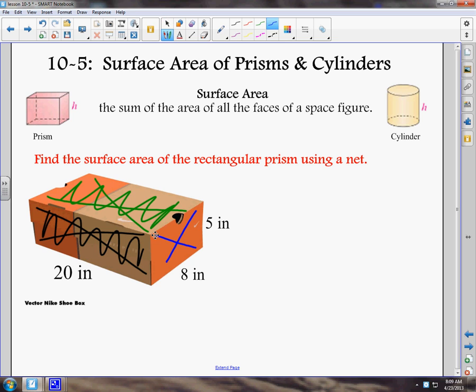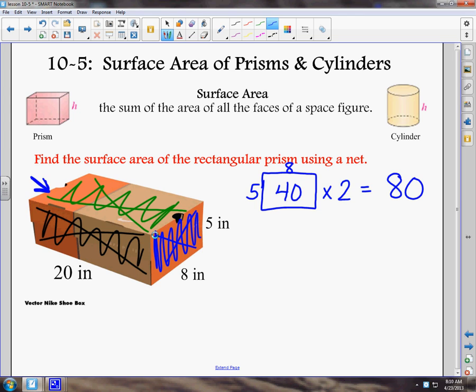If I started with the blue side, I could draw it, and I would see that is a rectangle, it's 8 by 5. That has an area of 40. However, I need to times that by 2 because of the side back here that you can't see right now, but I know that it has a front and it has a back. So both of those sides would equal 80.